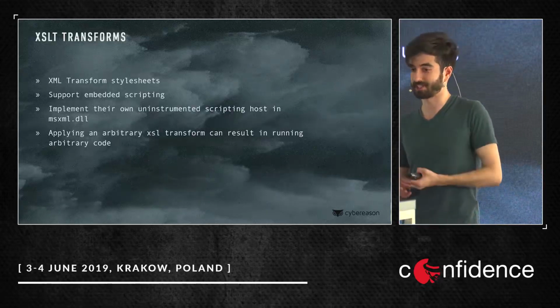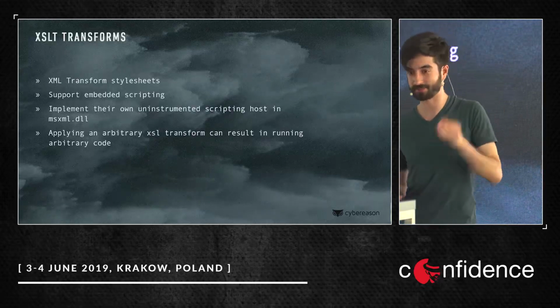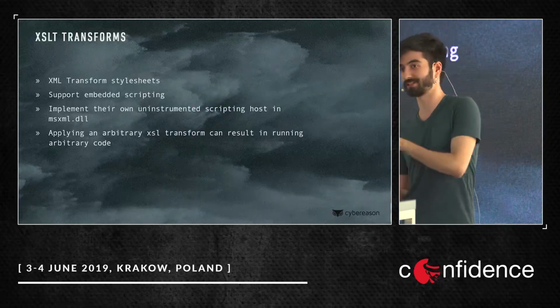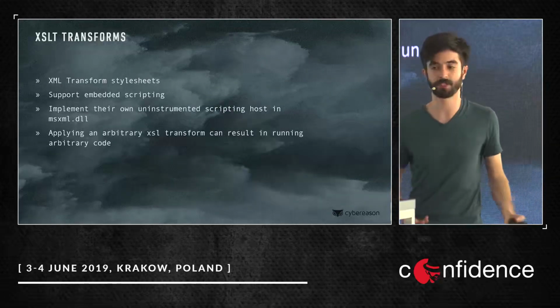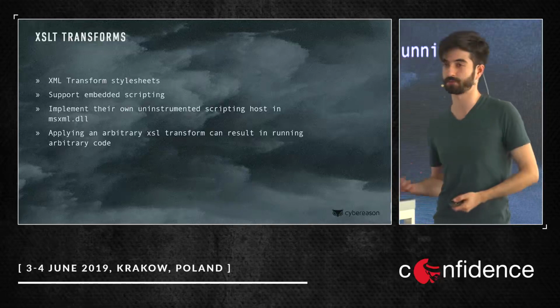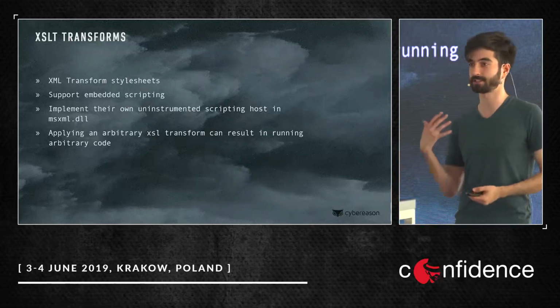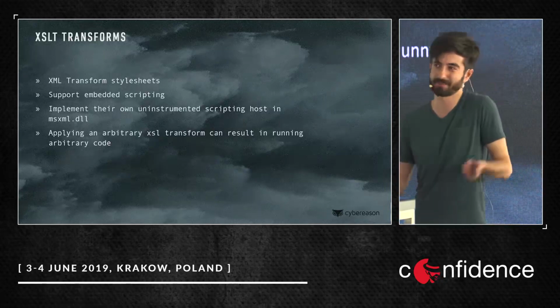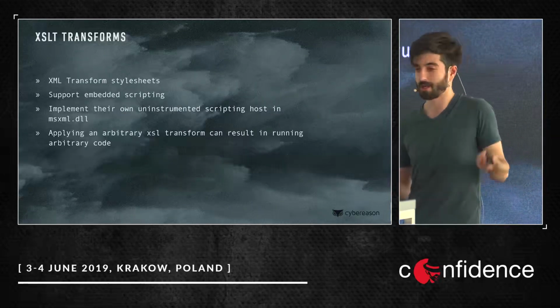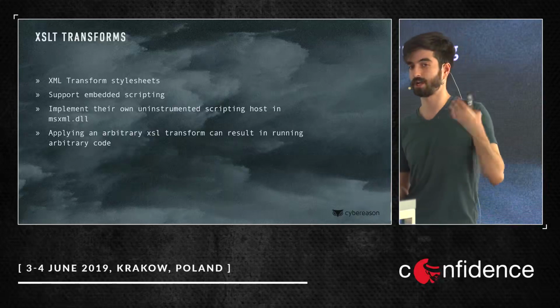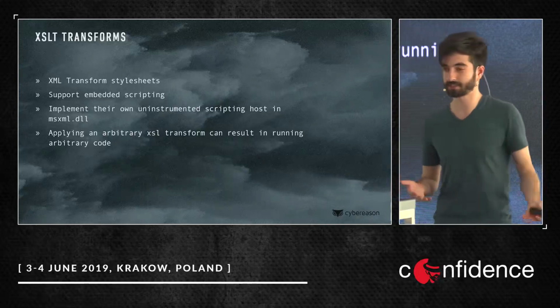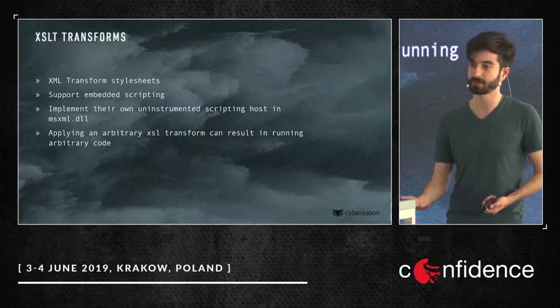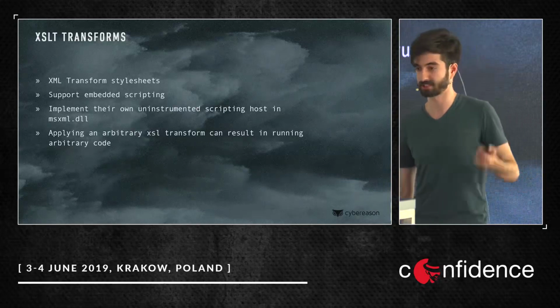The scripting host for MSXML is implemented in the MSXML DLL itself and does not support Device Guard, meaning that the moment you are able to apply the XSLT transform of your choice to an arbitrary XML file, does not really matter which XML file it is, you could run your script, not be intercepted by Device Guard, use something like .NET to JScript, and that's it, you're running arbitrary assembly.